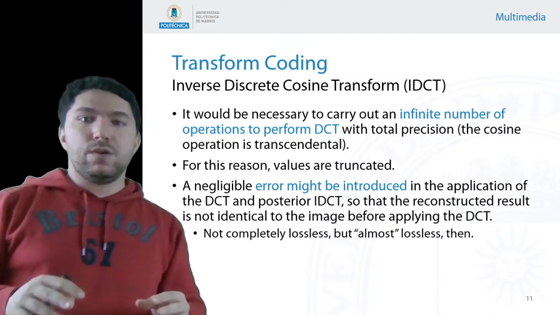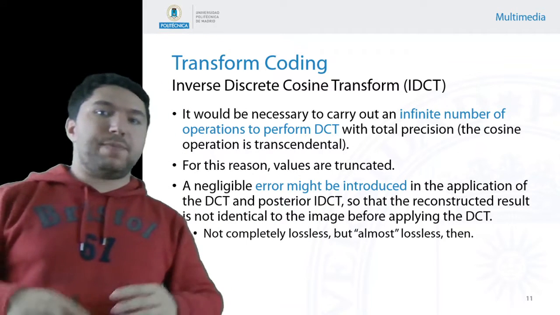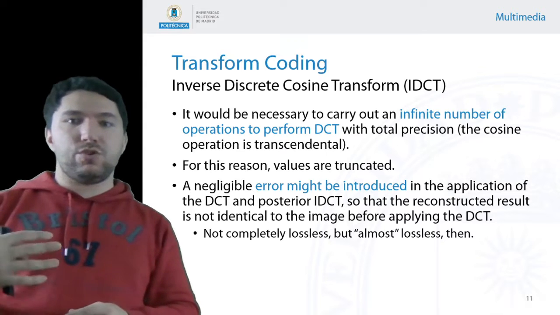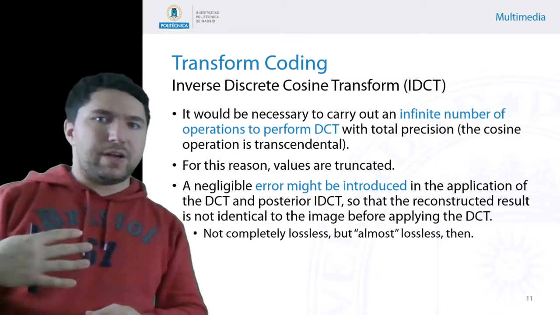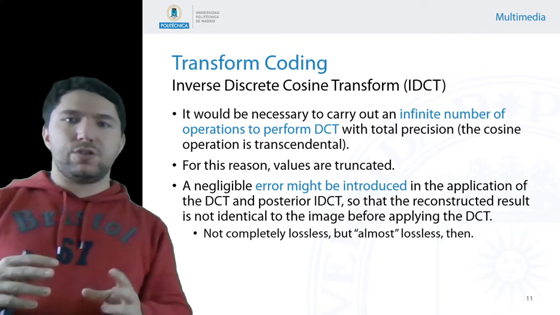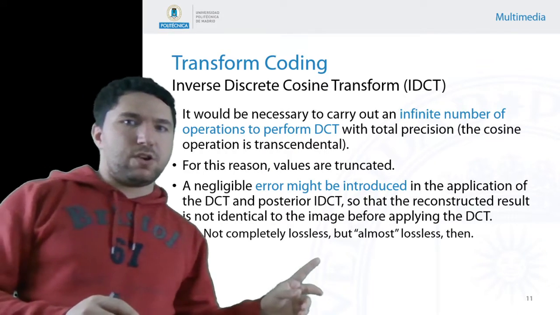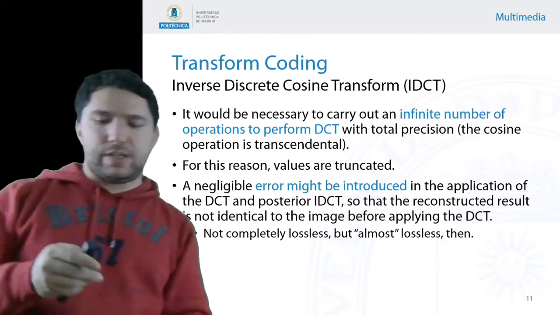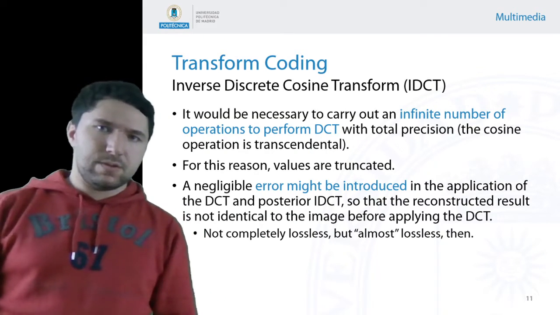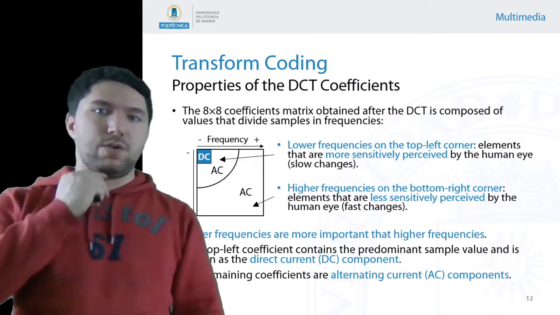So we need to truncate values. Specifically, we are going to truncate to an integer number, as I said before. So we are going to introduce some kind of error, but this error will be negligible because it will be very small. So it's not a completely lossless technique, but it's almost lossless. It cannot be applied, for instance, to compress documents, but it can be applied to compress pictures or video frames.